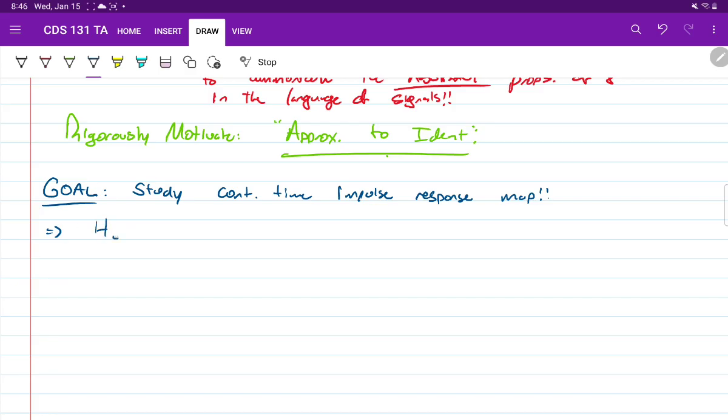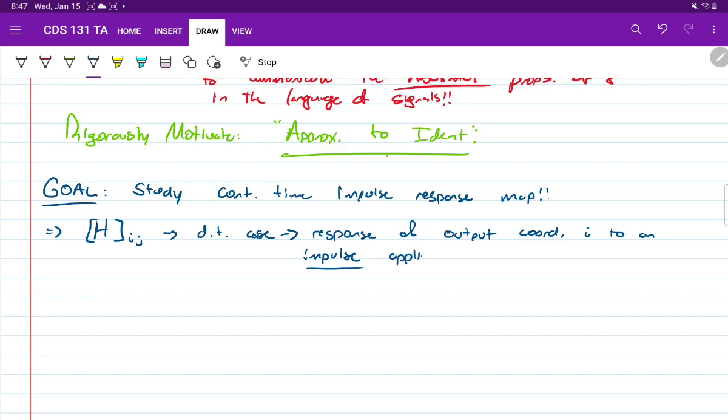Well, what you might remember is that H[i][j], or let me draw this with little brackets just to make myself extra clear, H[i][j] in the discrete time case was the response of output coordinate i to an impulse applied in input coordinate j. Okay? So this was the basic idea that we had in discrete time, right? This is what our impulse response map kind of should be defined as, all right?